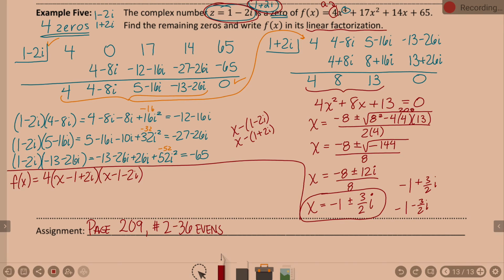So, x plus 1 plus 2i minus 3 halves i. I was doing this one first, so I said minus 3 halves i. Technically, it doesn't matter which one you do first. I basically said, okay, it's x minus that, and then x minus the other one: x plus 1 plus 3 halves i, right?